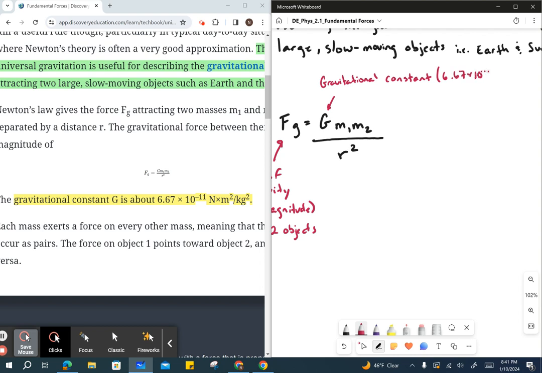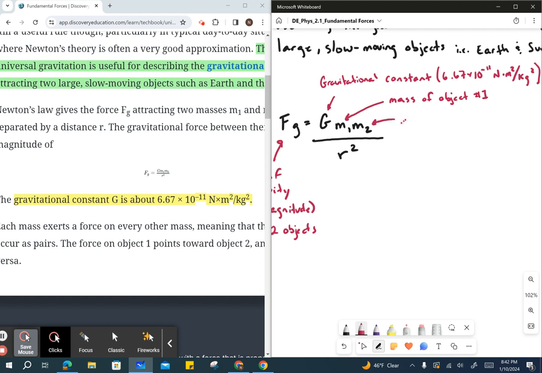6.67 times 10 to the negative 11, and that's going to be newtons times meter squared over kilogram squared. Okay. Now, if you're dealing with two objects, you need to know the masses of both of those objects. That's what this is: the mass of object one. Say you were talking about the Sun.